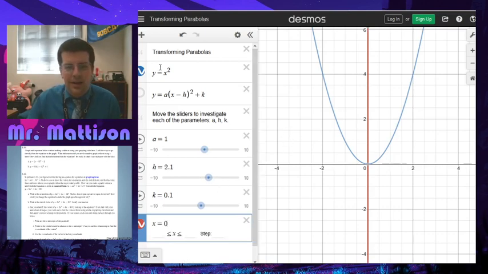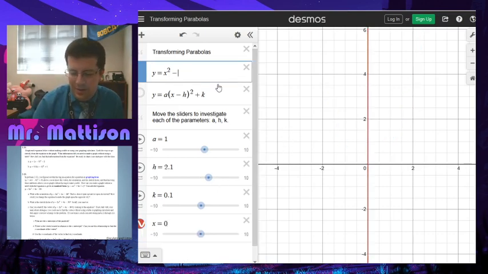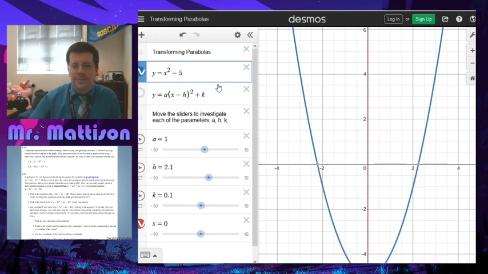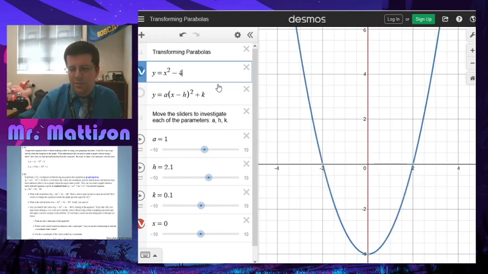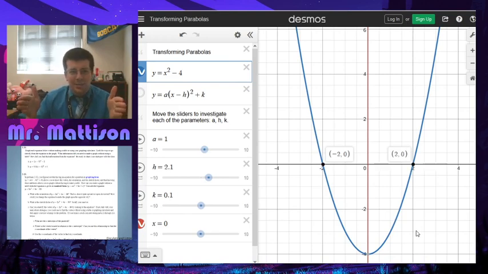If I had my blue graph moved down 4, to make it pretty, I have my x-intercepts at -2 and +2, right? The vertex has to be on the axis of symmetry, which is dead in the middle of those two points. So I know it has to be between -2 and 2, on my x equals 0 line. And then to find the y value, I can just plug in the x value and get, hey, y is -4.